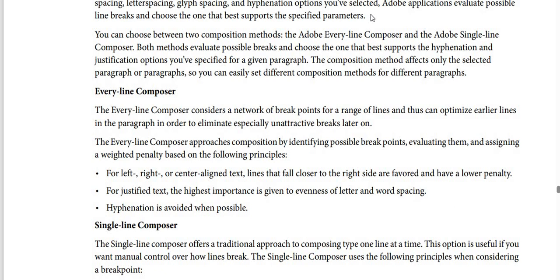The Every-line Composer considers a network of breakpoints for a range of lines, and thus can optimize earlier lines in the paragraph in order to eliminate especially unattractive breaks later on. The Every-line Composer approaches composition by identifying possible breakpoints, evaluating them, and assigning a weighted penalty based on the following principles.